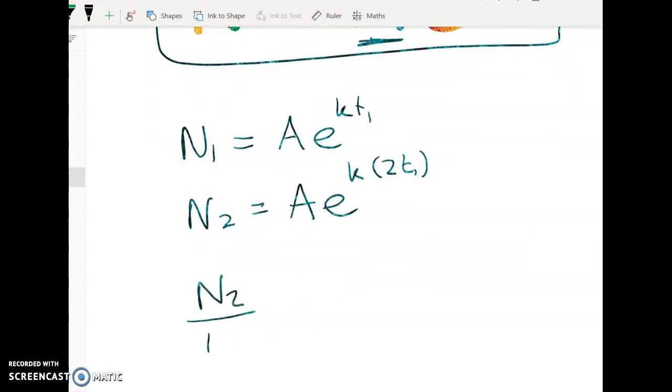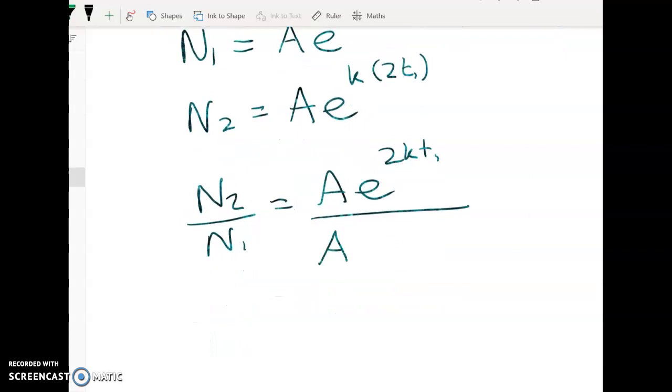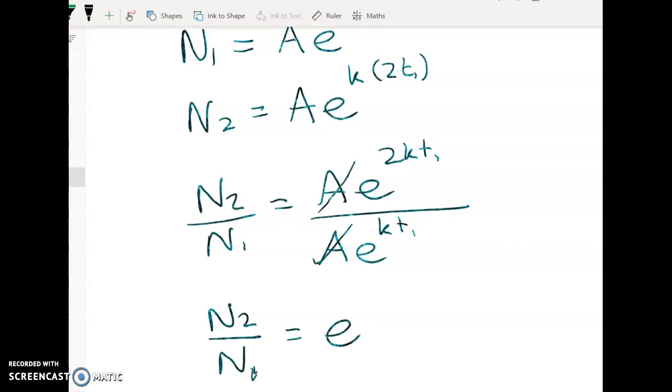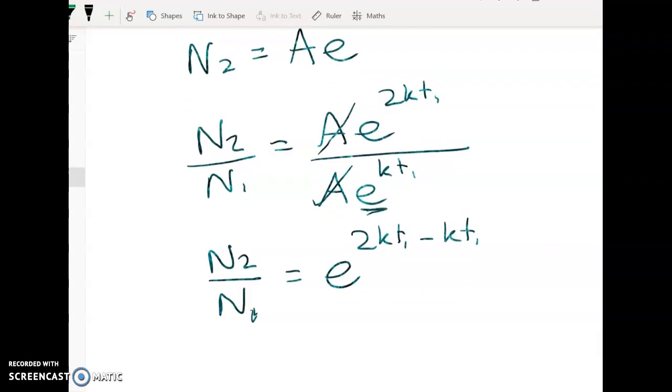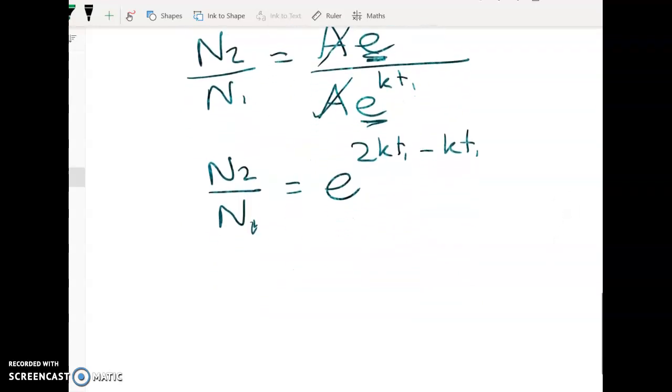So n2 divided by n1 will give me A e to the 2kt1 over A e to the power of kt1. So n2 over n1 is equal to e to the power of 2kt1 minus kt1, because I've got the same base here, so I can just subtract one power from the next.